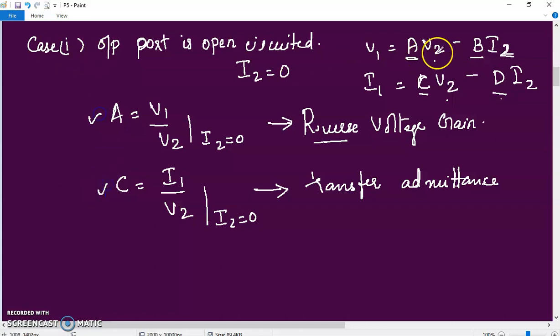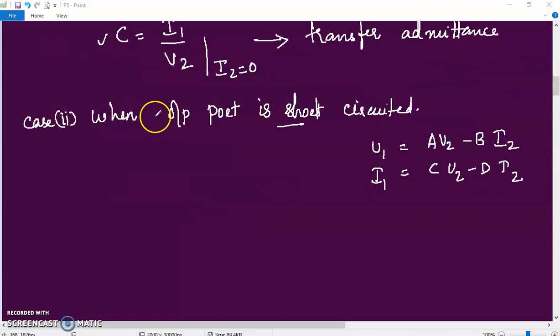Okay, these are the two parameters A and C. So now we have to go for B and D. For that, consider case 2 when we have to make V2 0. When will V2 be 0? When the output port is short circuited. When short circuit comes, voltage is 0. So in the second case, output port is short circuited, that means V2 is equal to 0.